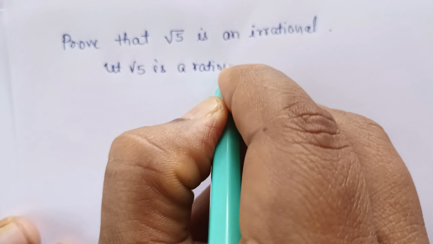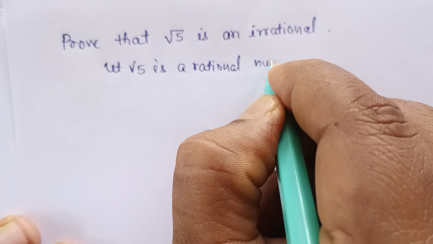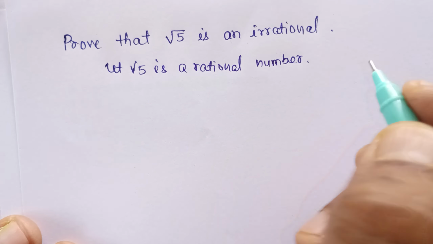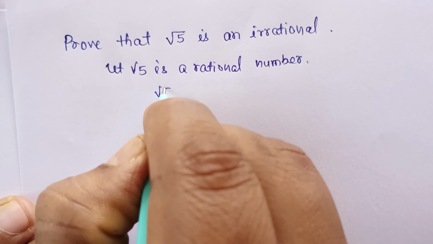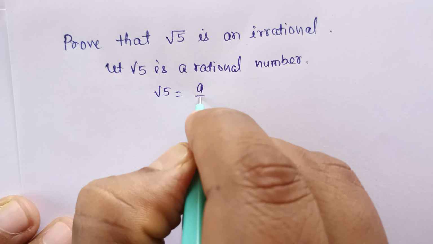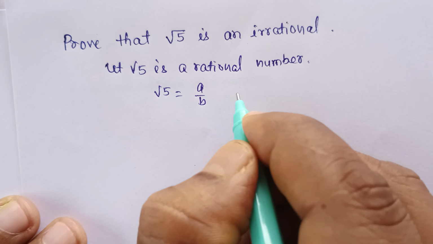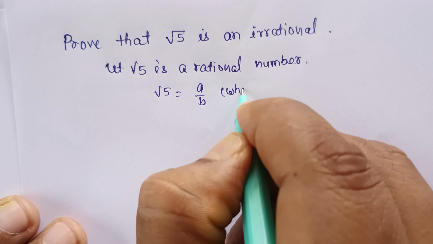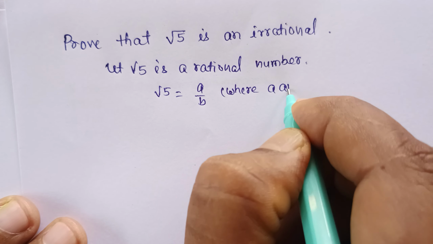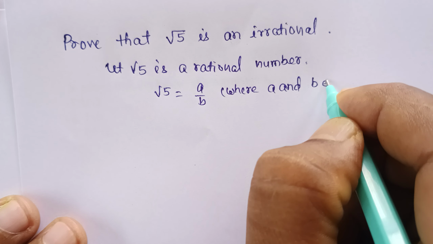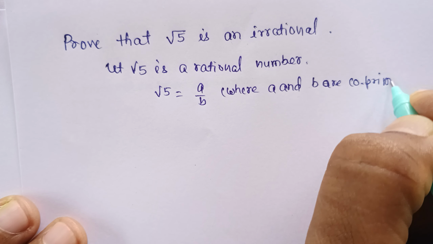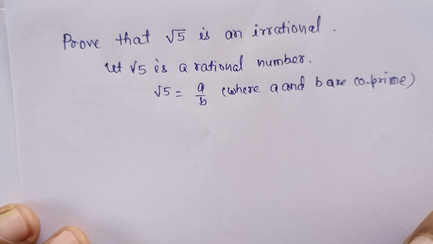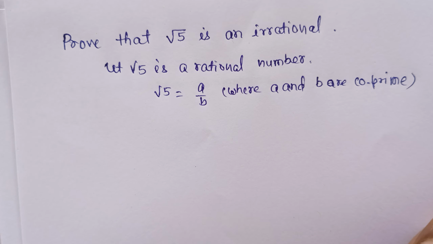If you consider any rational number, it should be in the form of a by b. So root 5 is equal to a by b, where a and b are co-prime. Co-prime means a and b have only 1 as a common factor.